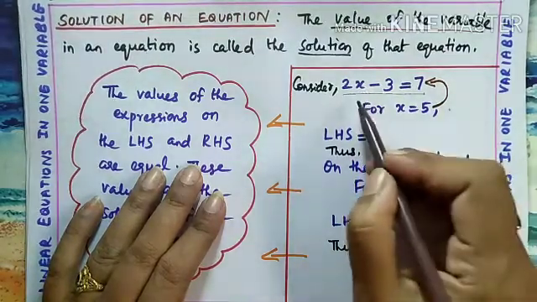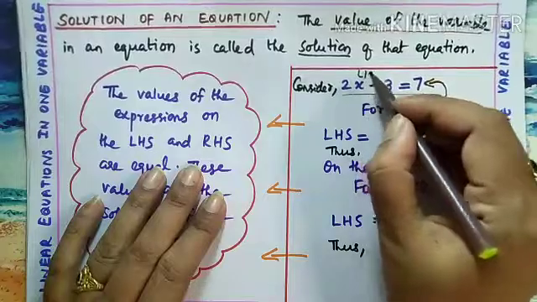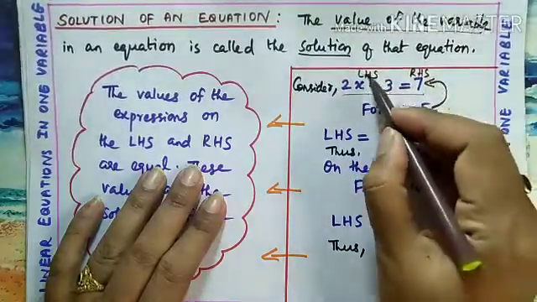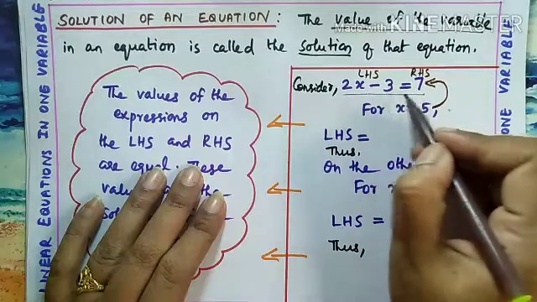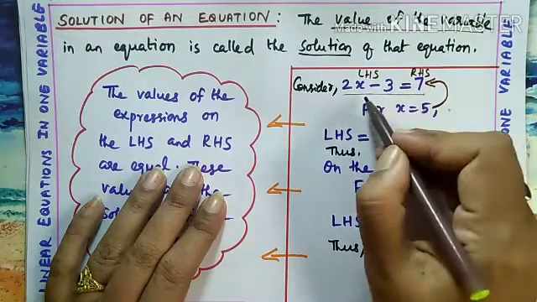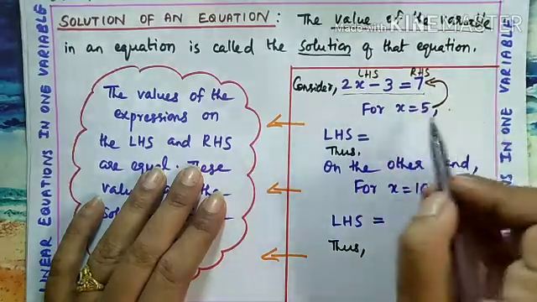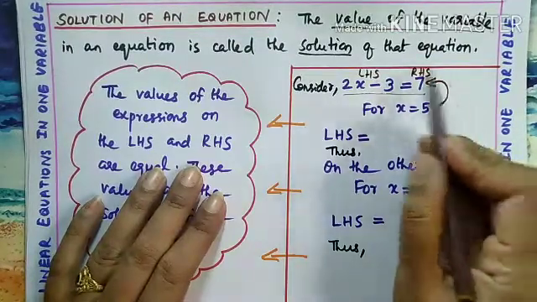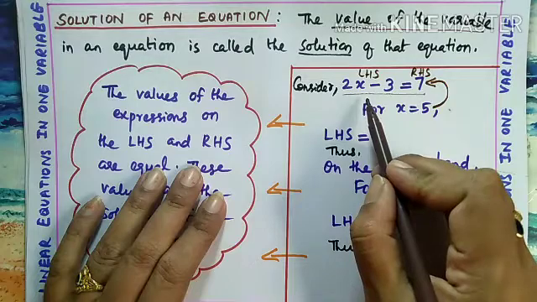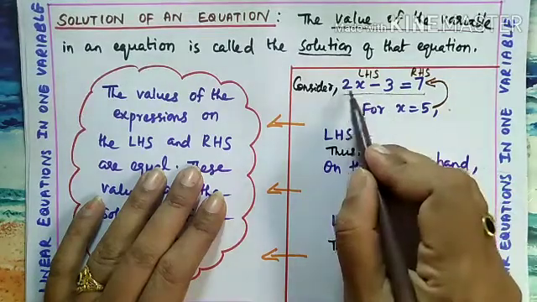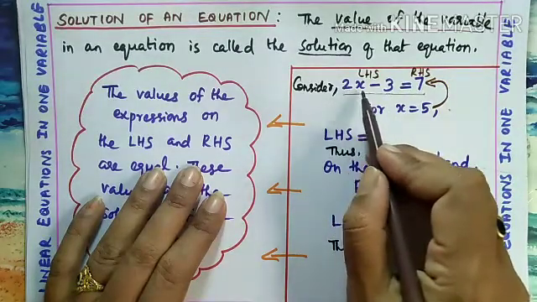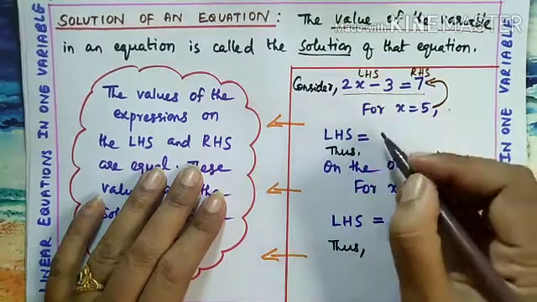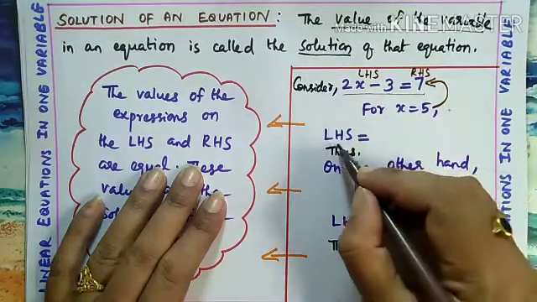Now, you know in an equation, this is LHS and this is RHS. And we studied both of them are always equal. LHS is equal to RHS. So what happens when you put this x value in this equation? Let us see. What do you mean by 2x? 2x means 2 into x, correct? So here I am going to write first LHS.